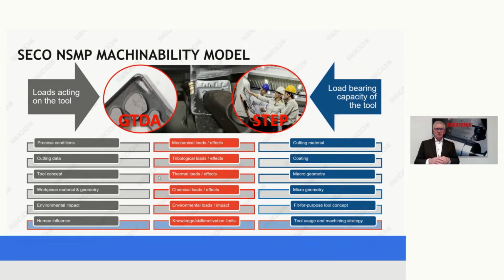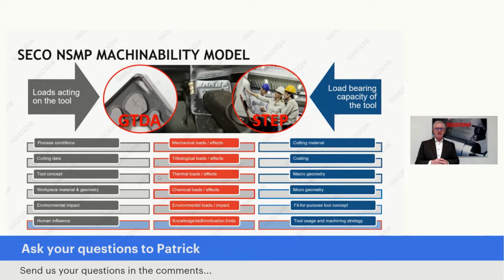So we work with machining, and after a while, of course, we ask the question, did we do a good job? Do we have a nice process? And for that, there are all kinds of things which are important. On the one hand, there is the knowledge and the skill sets of the people working with the process. And on the other hand, we need analytical tools to analyze the process.